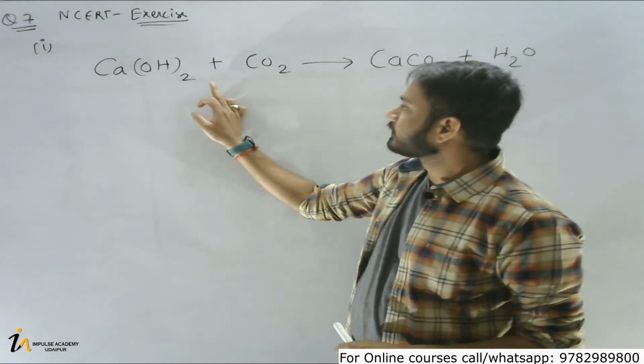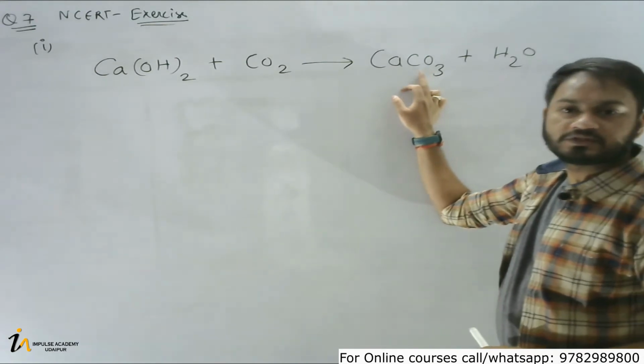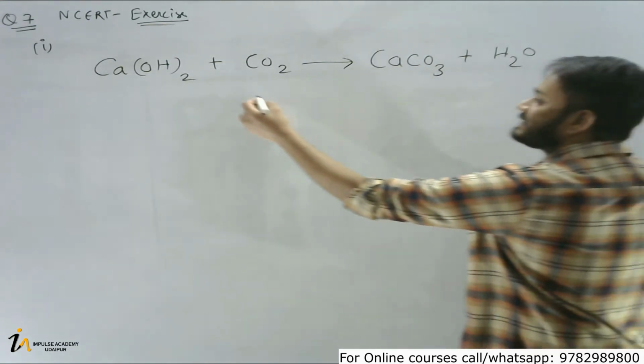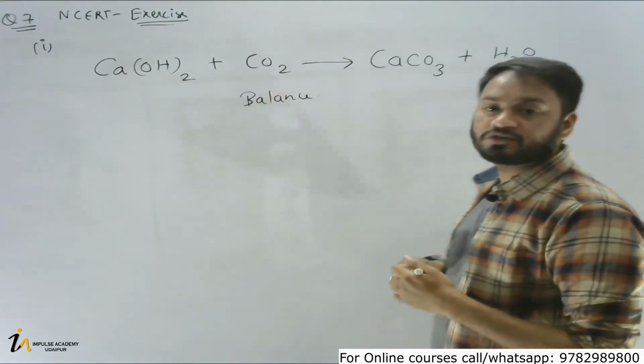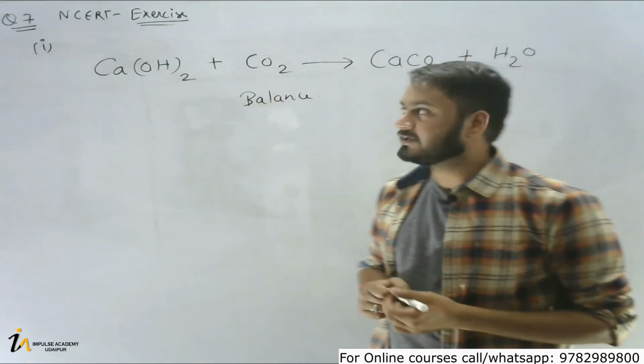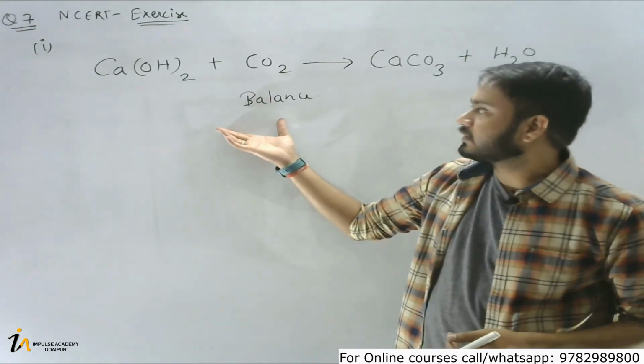Now C is also balanced. So this is a balanced chemical equation. We don't need to balance this. This was question number 7 of page number 15, that is chapter 1 of class 10th NCERT. Now this is already balanced.